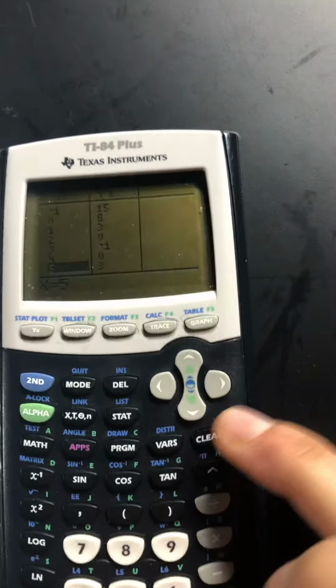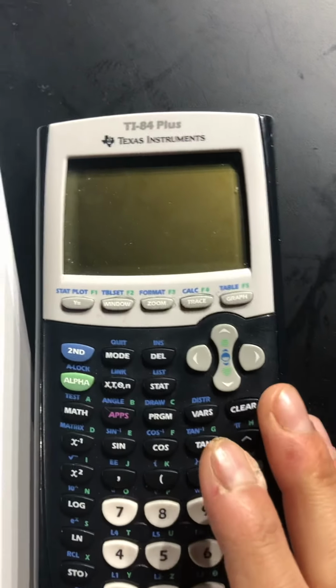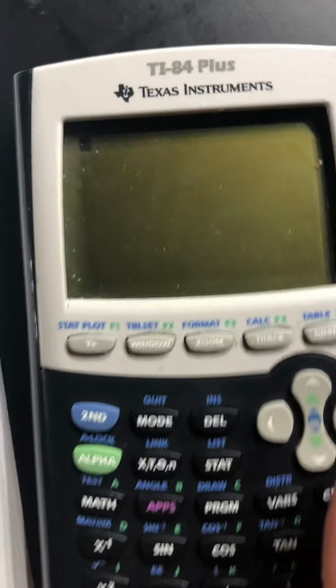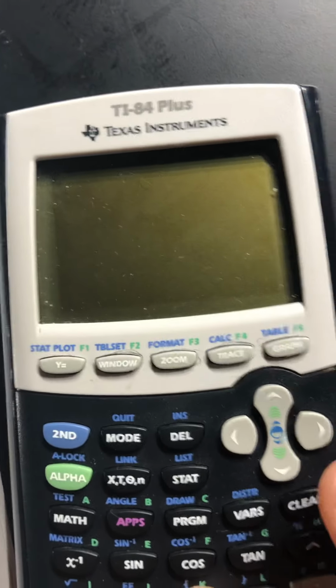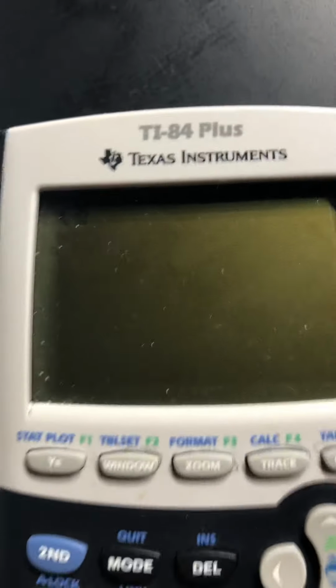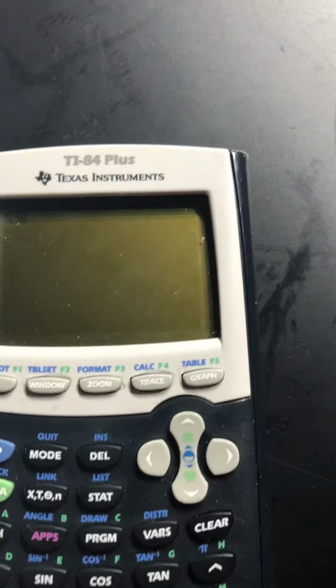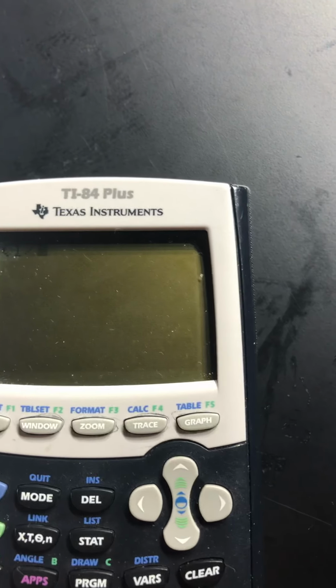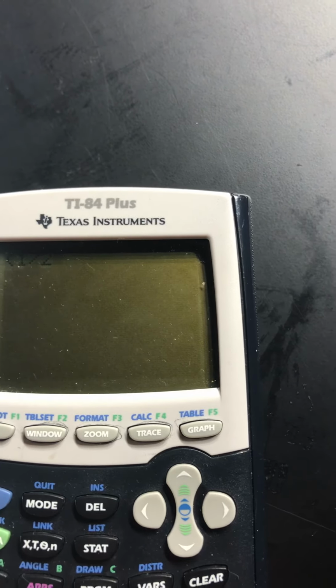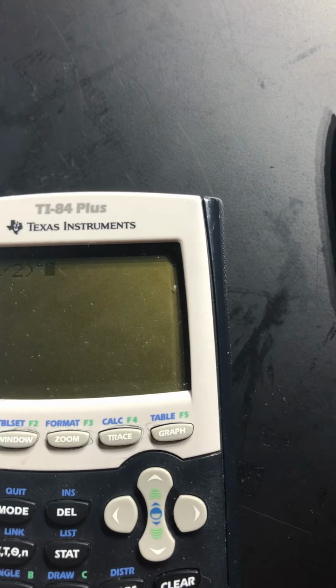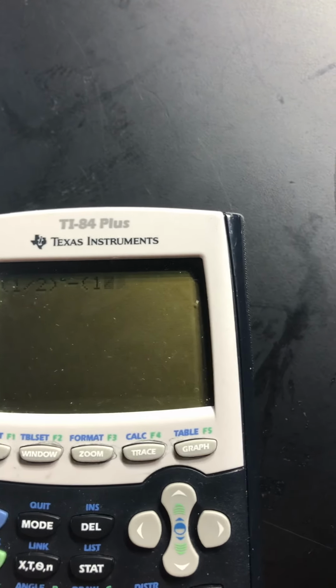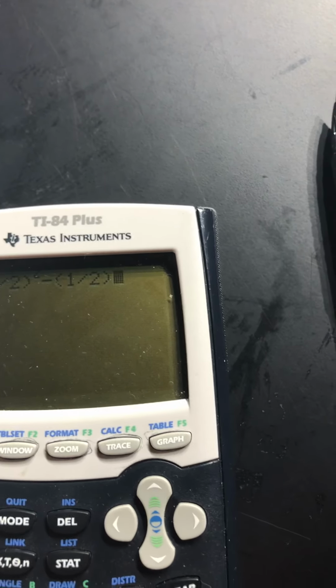So I'm going to go back over here to the calculator. And I'm going to type it in exactly as I just wrote it. So I have parentheses 1 divided by 2, close parentheses squared, minus 1 divided by 2, close parentheses, plus 5.